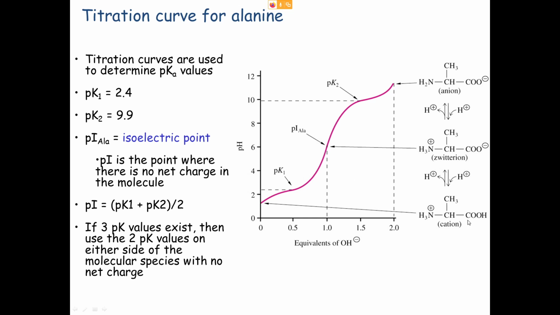Because there's two groups that can gain or lose that proton. As I'm adding my hydroxides, my strong base, the weak acids and bases are compensating for the change. That's why you get these curvatures. Why do we see two curvatures? Because there's two functional groups that can gain or lose the proton. So the isoelectric point is pretty easy to calculate. If you have two pKa's, you just take the average of the two.